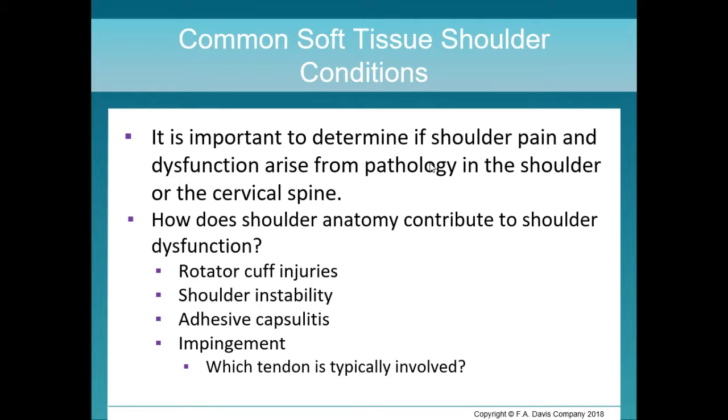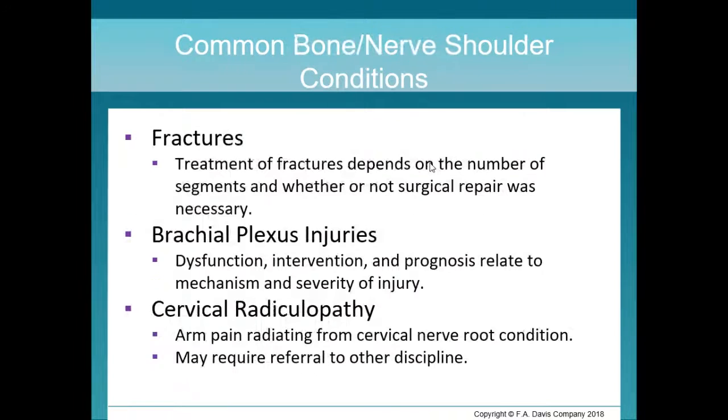There's also some other stuff that goes on with some common bone and nerve and shoulder conditions. Fractures, brachial plexus injuries, cervical radiculopathy. So a FOOSH is one that you really need to know about.